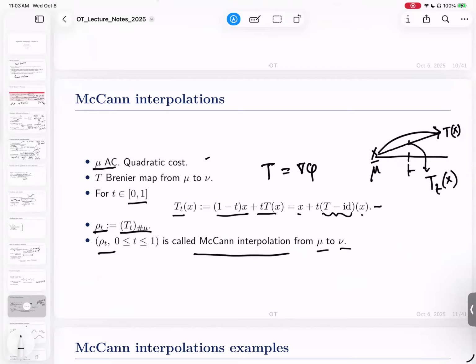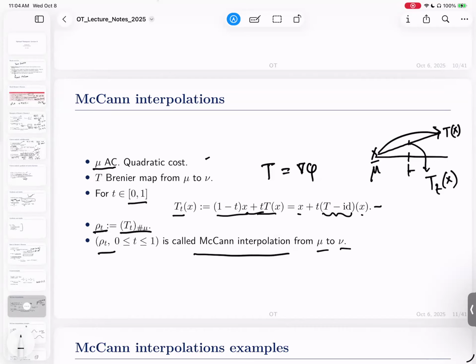How is this defined? If I have my Brenier map T of x, then instead of going all the way to T of x, I will go to intermediate points. I will take (1 minus t) times the identity plus t times T of x, and that gives me some intermediate point of transport. That is what I call T_t of x.